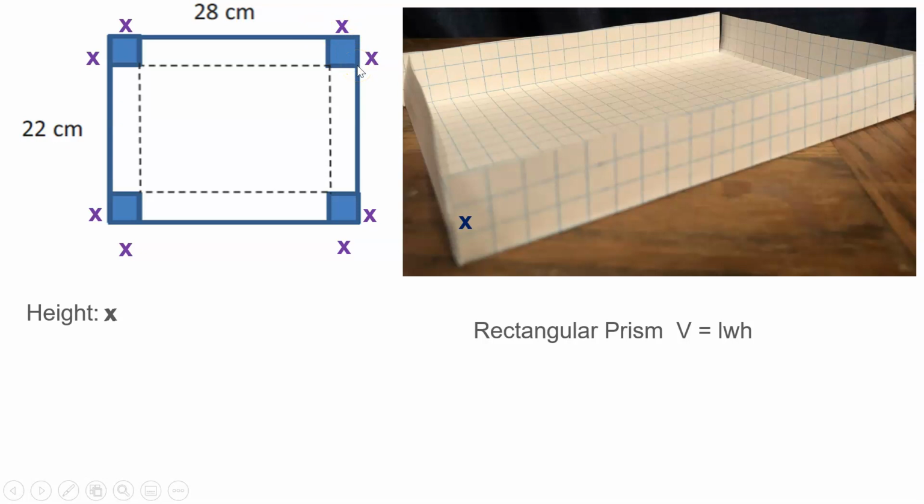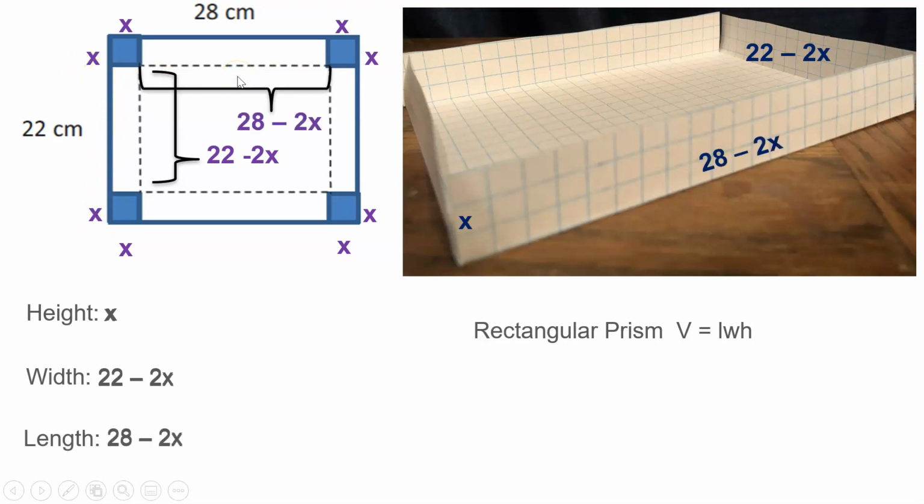The width of the box can be represented as 22 minus 2x, and the length as 28 minus 2x. This is still a rectangular prism, so to model the volume of the box when the height is x units long, the volume is still found by multiplying length times width times height.